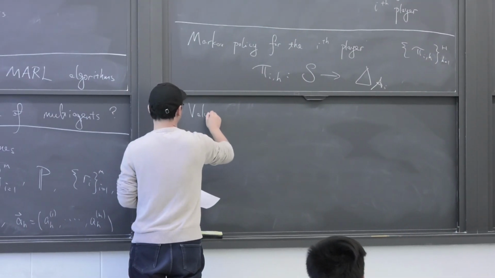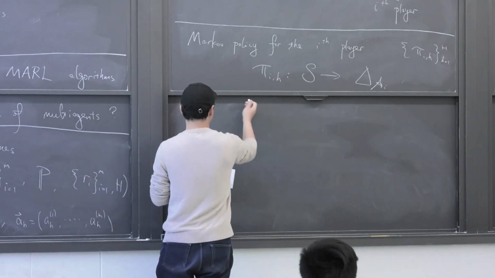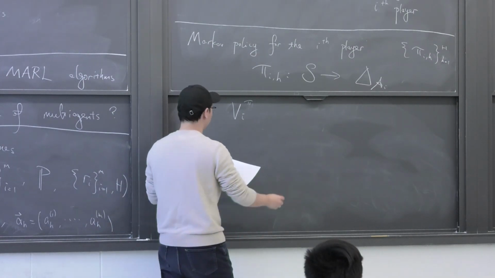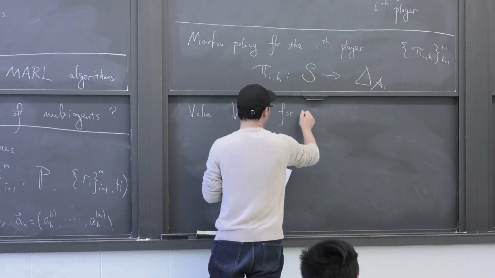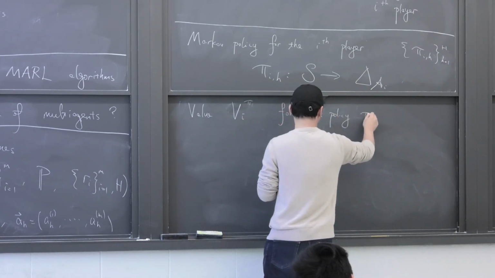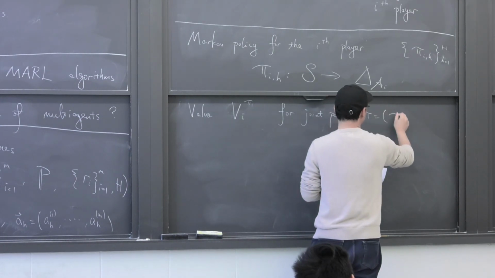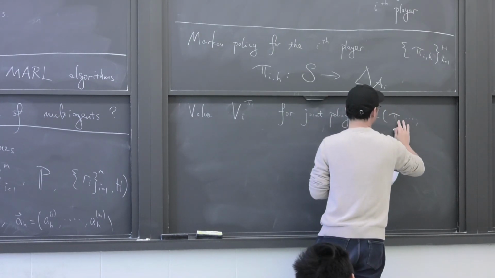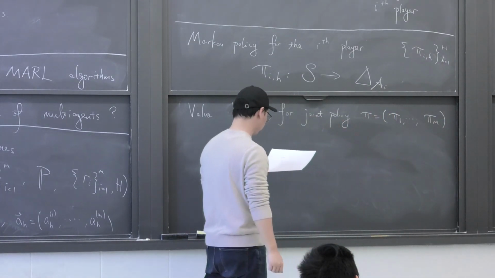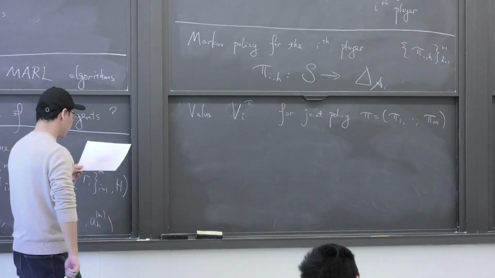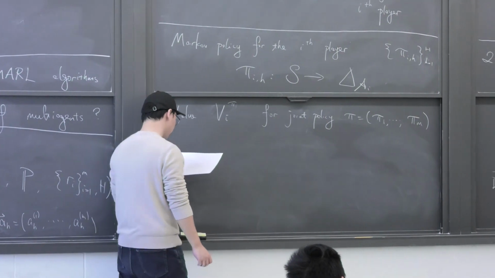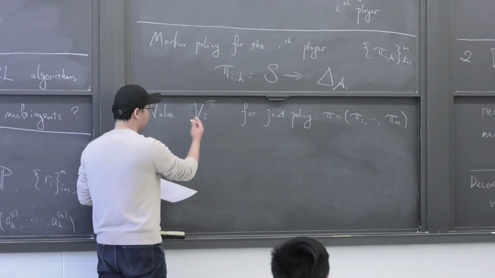Similarly, we can also talk about the value. Those are just very similar. V_{i,h}^pi, but here pi is the joint policy. Again, it is the expected cumulative reward going to be received by the ith player if following the policy pi.